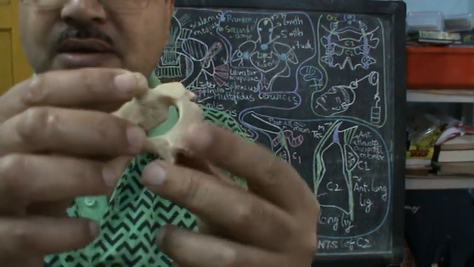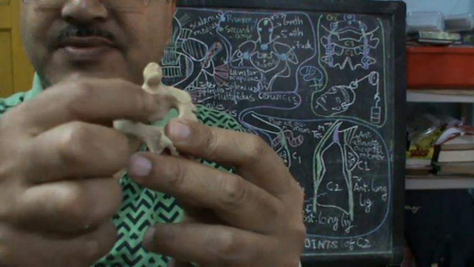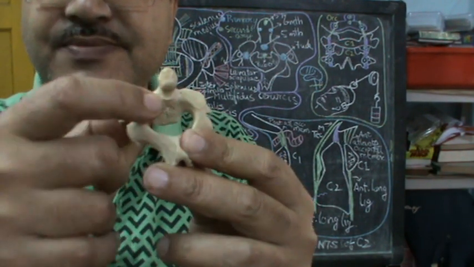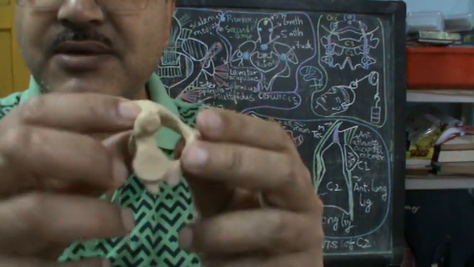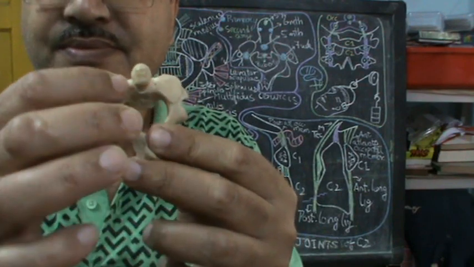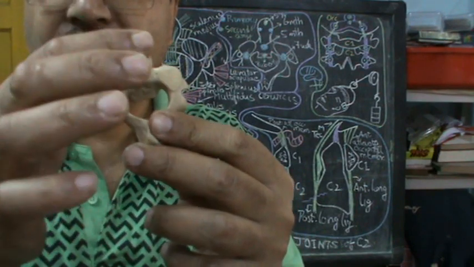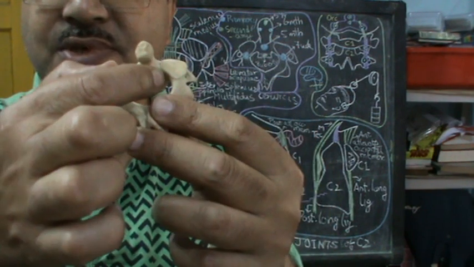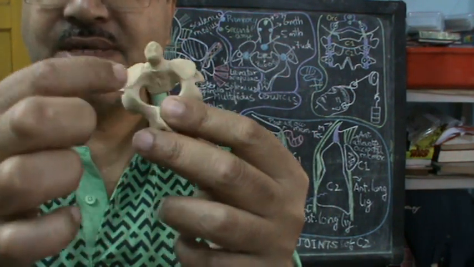And on the anterior and the posterior surface of the body you can make out a few openings for the basivertebral veins over here. The lateral sides of the body here and here give rise to the pedicles. So the superior surface, inferior surface, anterior surface, posterior surface, and the two lateral surfaces.